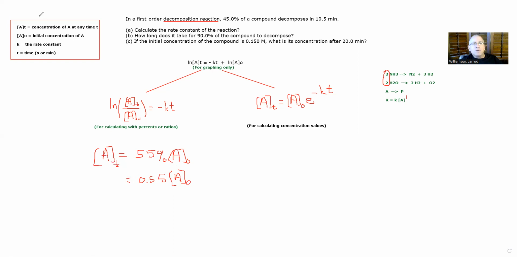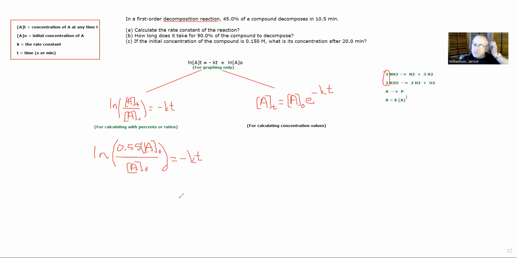So I'm going to erase this stuff because I need the space. And I'm going to write the natural log of 0.55 A naught over A naught is equal to minus kt.